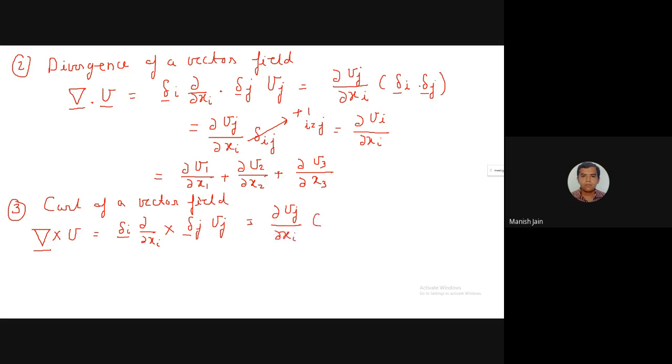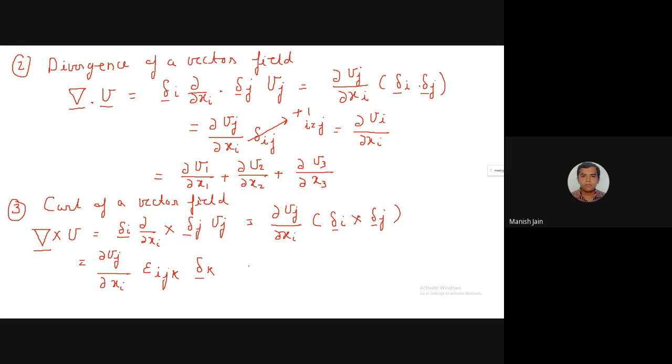Now you have to take the cross product between the unit vectors e_i cross e_j. When you take the cross product between these two unit vectors, you will get the alternating unit tensor epsilon_ijk multiplied by e_k.